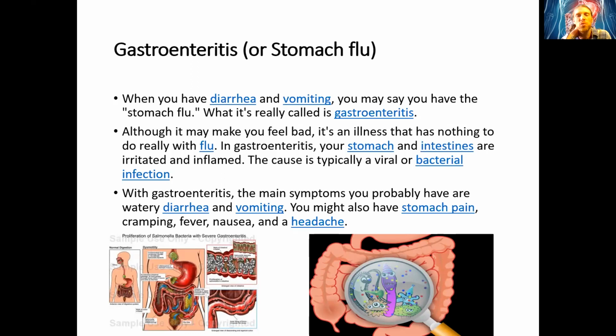Gastroenteritis is caused not that often by food, but even more often by contaminated water. And I don't know if you know the numbers, but there is more than 1 or 1.5 billion people in the world who have no access to clean drinking water.